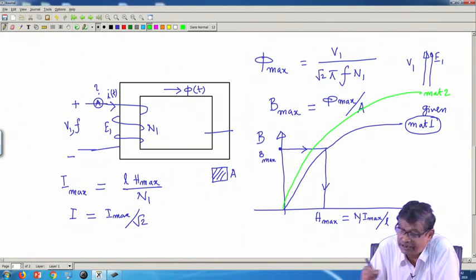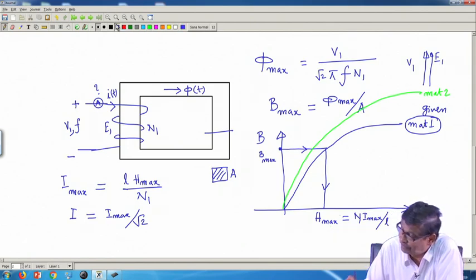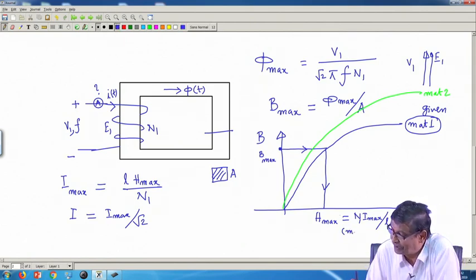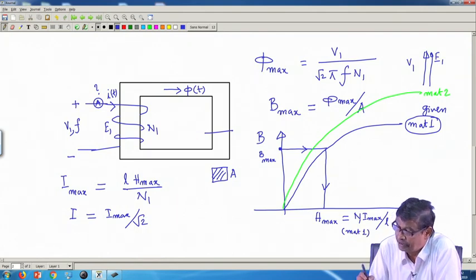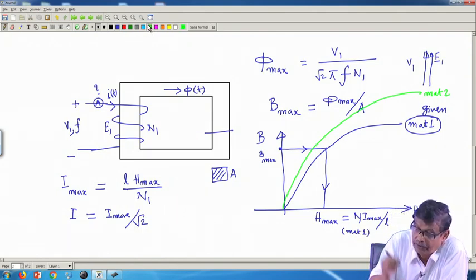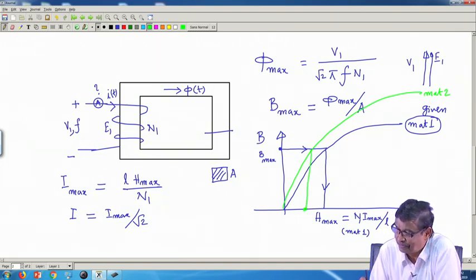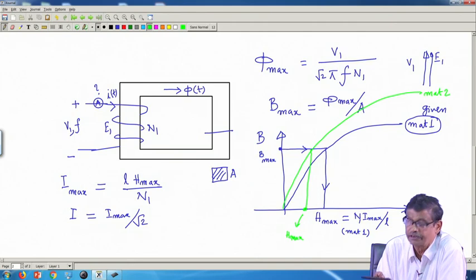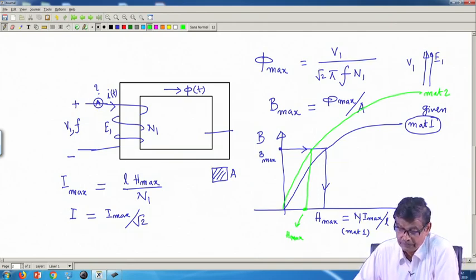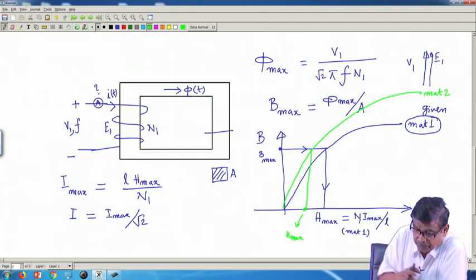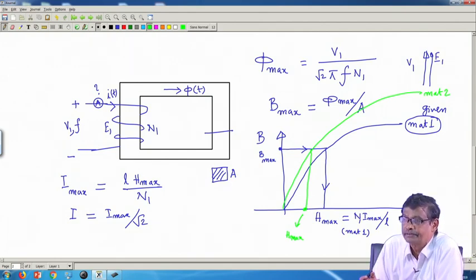This is for material 1. If it is material 2, it will draw current corresponding to this, that is H max for material 2. This green color is H max corresponding to material 2. And H max is lower, therefore, the current drawn will be lesser.